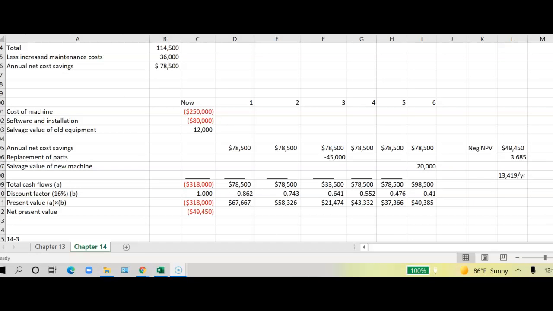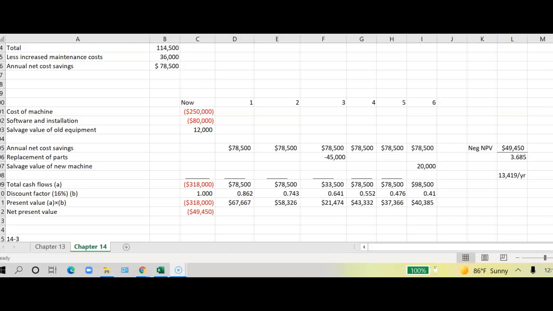The last requirement: assume that management can identify several intangible benefits associated with the automated welding machine, including greater flexibility in shifting from one type of product to another, improved quality of output, and faster delivery as a result of reduced throughput time. What minimum dollar value per year would management have to attach to these intangible benefits in order to make the new welding machine an acceptable investment?